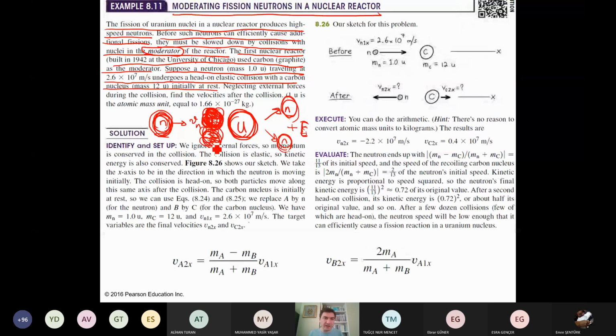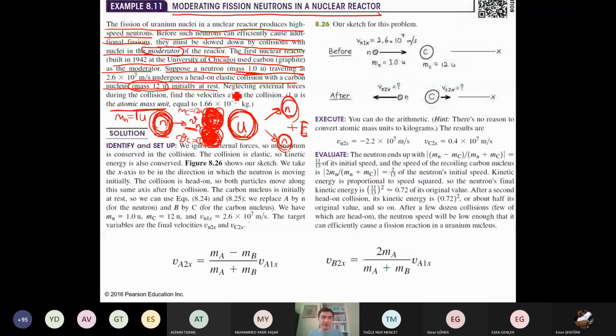This is the atomic mass unit and is equal to 1.66 times 10 to the minus 27 kilogram. The mass of the carbon nucleus, which is initially at rest. The neutron has a certain velocity, but the carbon is 0 at the beginning.